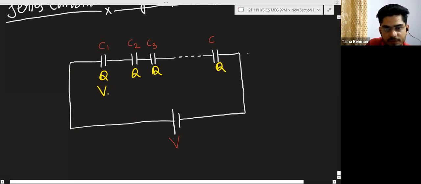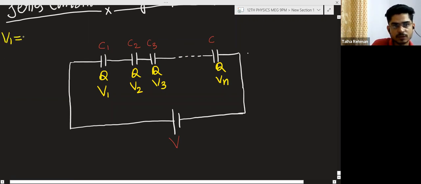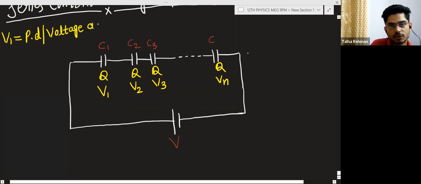V1 is the potential difference across C1. V2 is the potential difference across C2. V3, and this is Vn. Here our n capacitors are connected in series, and V1 is the potential difference or voltage across C1.